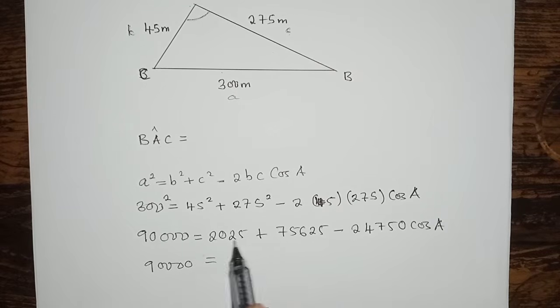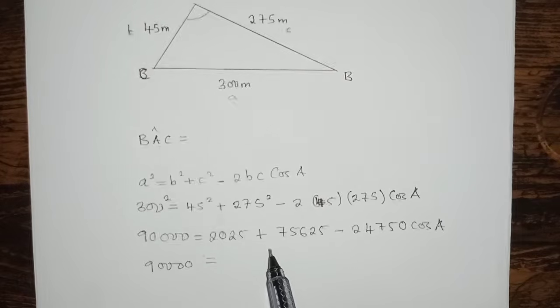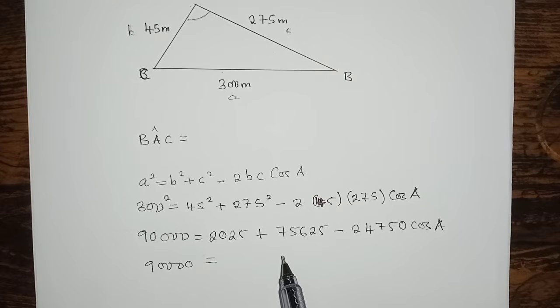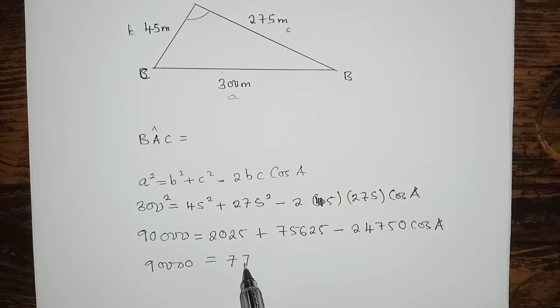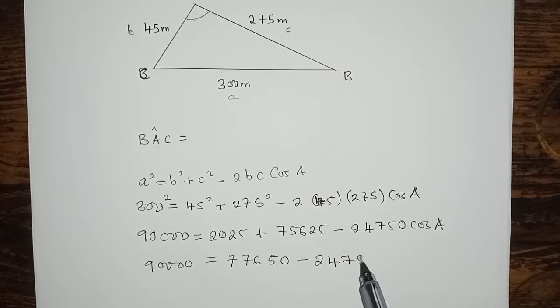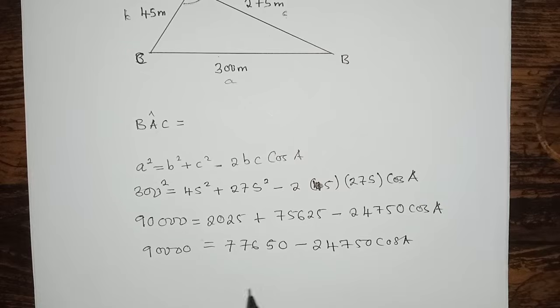So now here we can copy what is here. We work out what is here, which is 2025 plus 75625. We're getting this over here. So this is what we are getting. At this point we can group the like terms.